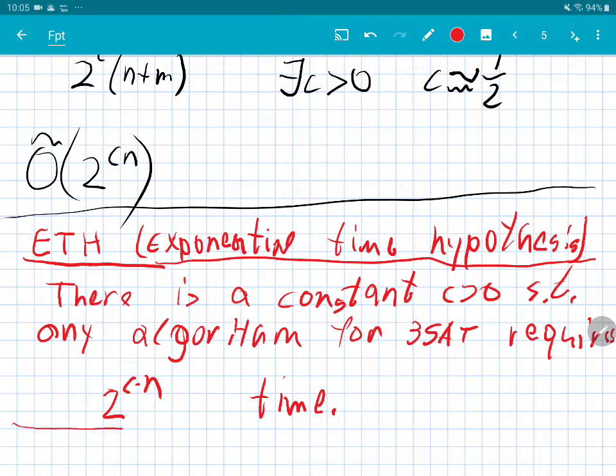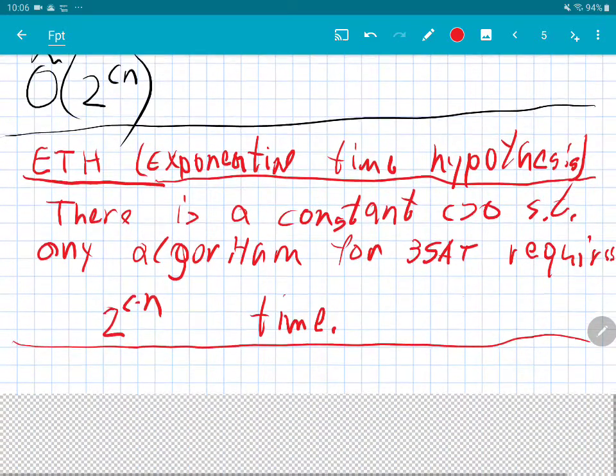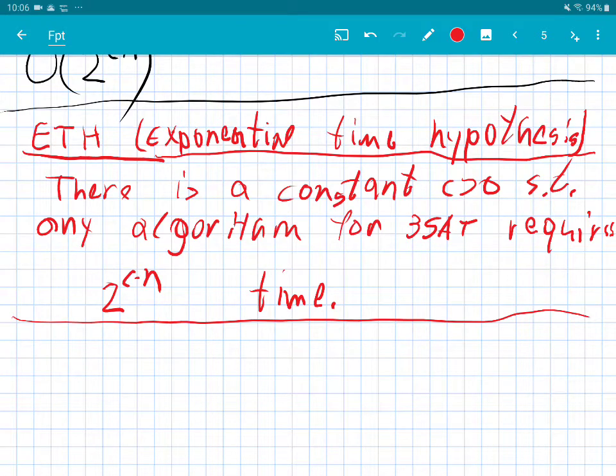Now, notice that this is an extremely strong conjecture, right? Because, as I showed earlier, this really says that what we know about 3SAT currently is, up to maybe a small constant, the best one can hope for.